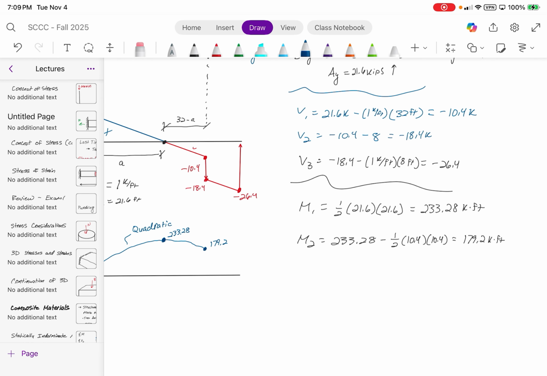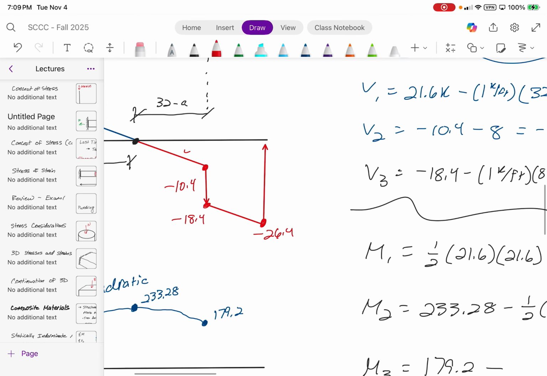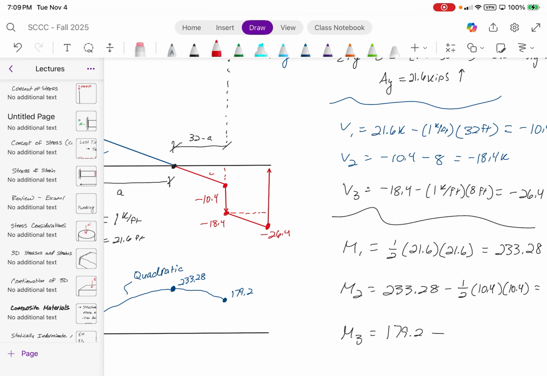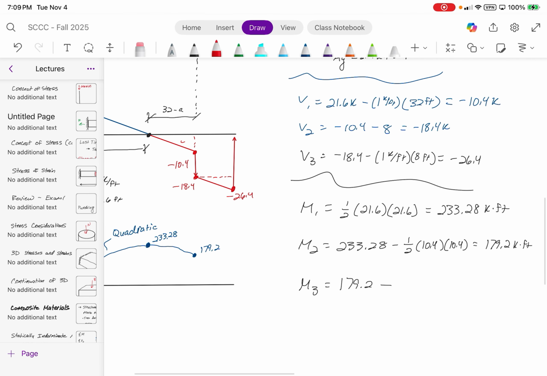And then lastly, calculate M3, which is just 179.2 minus, there's two ways you can do this. You can break it up into a square and a triangle, or you could just take the average of the max and the min because it'll give you the same area.